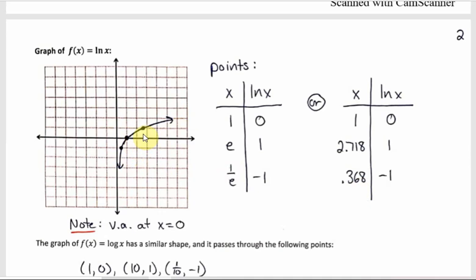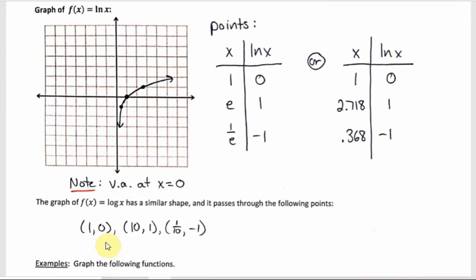And it's going to generally have this shape because e is a base that's larger than 1, right? It's 2.7 something, like it says over there. So you get a shape that's pretty similar to what you would get for the graph of y equals log base 2 of x. And you still get that vertical asymptote at x equals 0. And with base 10, you kind of end up with the same thing, except that a couple of x coordinates are different.